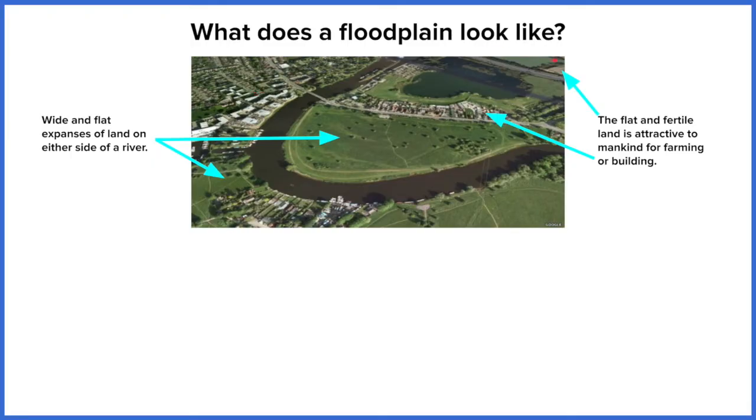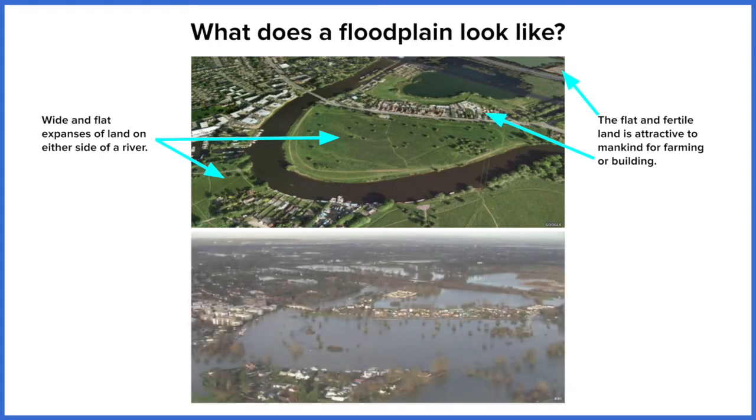And just off photograph as well, we can start to see some fields because the floodplain has flat land, and because of the type of soil that it is, which we'll come on to in a minute, is actually really good for growing crops.